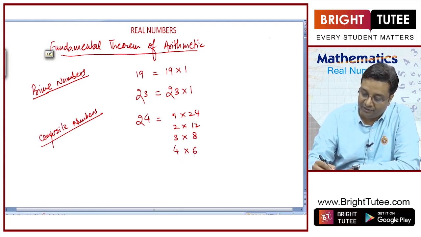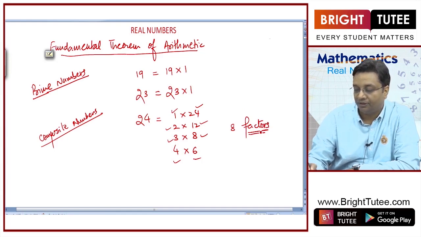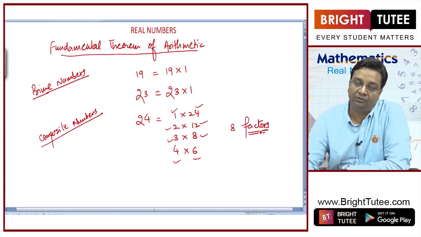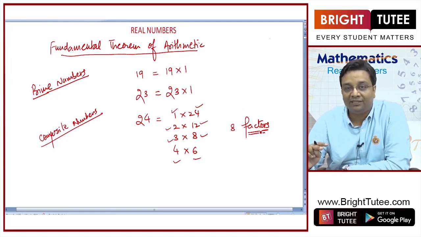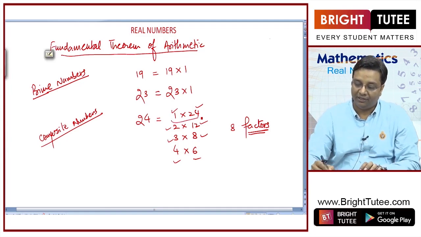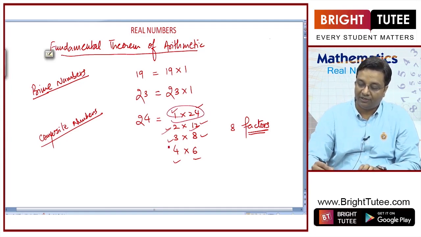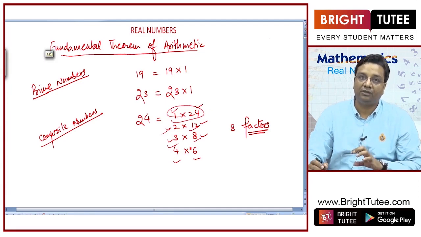So these are the factors of 24: 1, 2, 3, 4, 6, 8, 12, 24. So total 8 factors are there for 24, right? And 24 is a composite number. So it has got more than two factors. Apart from itself and 1, it has got 6 other factors. So it is a composite number.